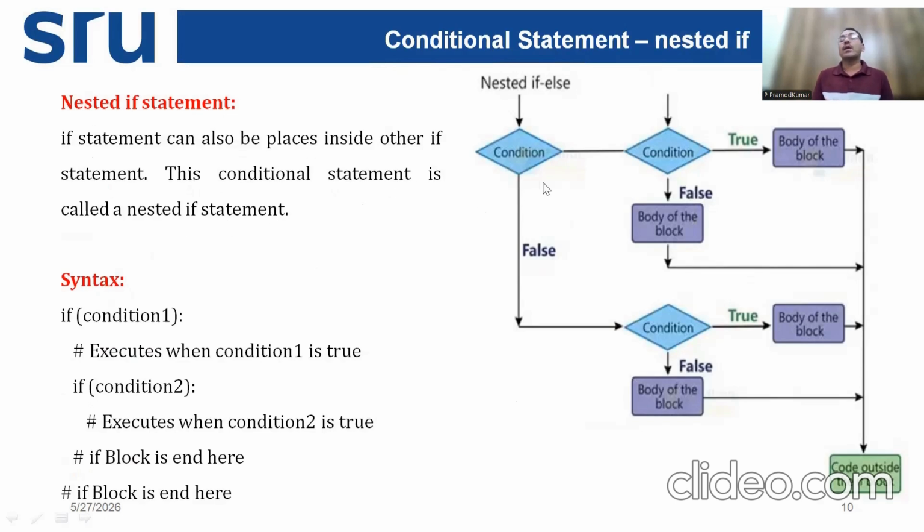Here is the control flow or flowchart where first I'm testing condition 1. If this condition is true, I get into an inner one where I'm checking an inner condition. If it is also true, its corresponding block gets executed. After that, the control goes to the next statement, if any, outside. If the second condition is false, then the false block of code gets executed, followed by the control moving on to the next line.